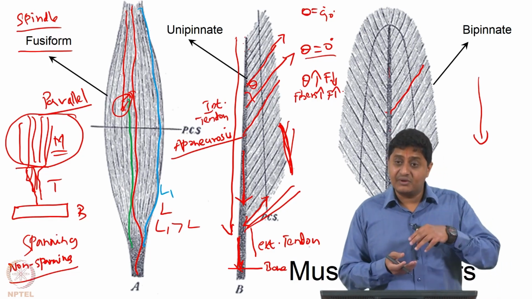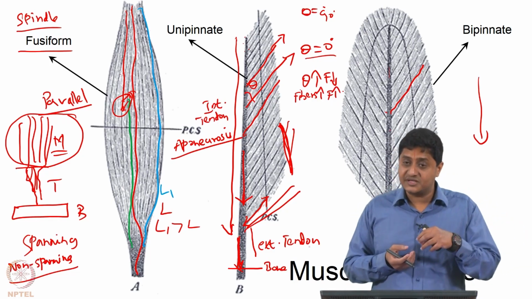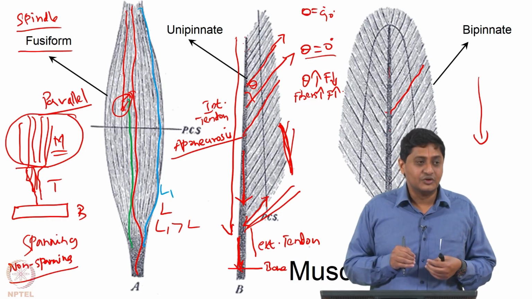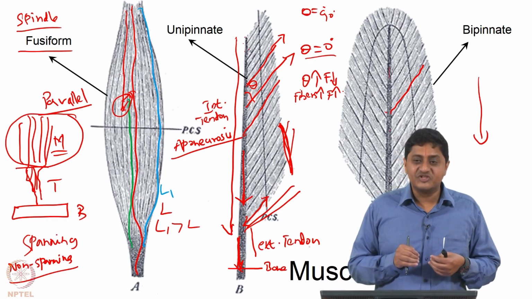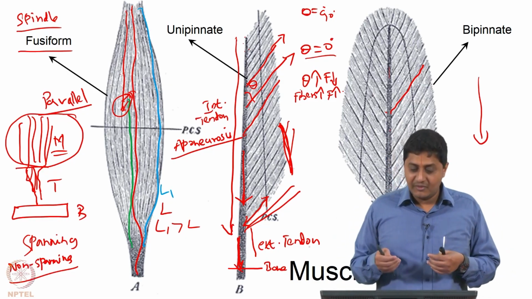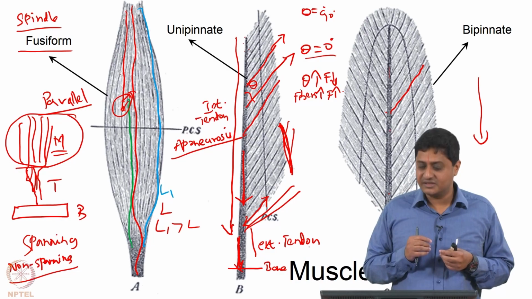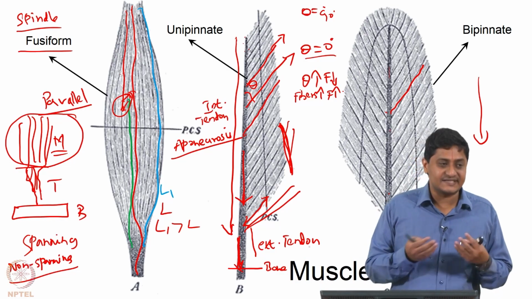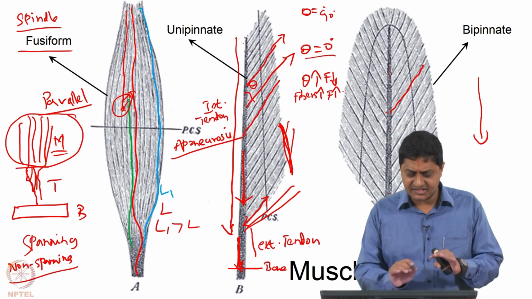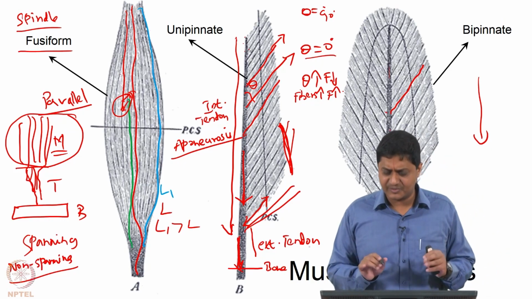But it turns out that the number of fibers that increase due to exercise is much greater than the reduction in force due to increase in theta, which is why if you exercise you are able to lift heavier weights as you go along, right, but it does cause a reduction in force or an increase in theta. Okay.